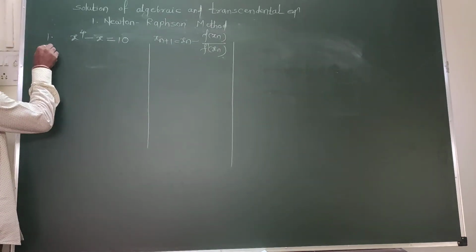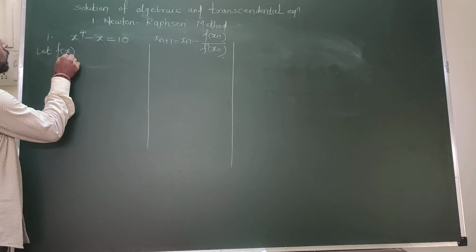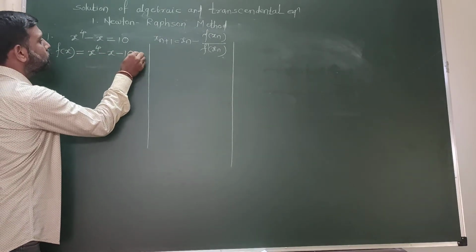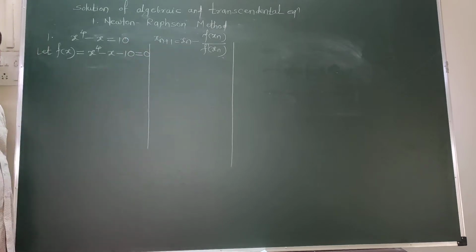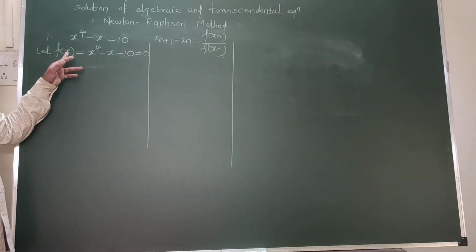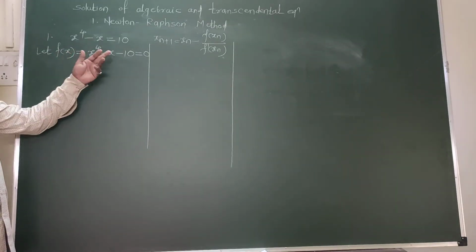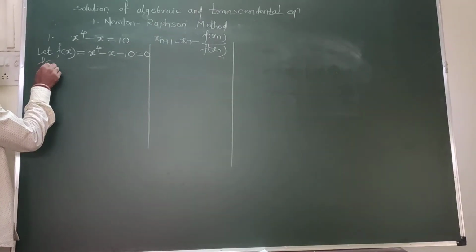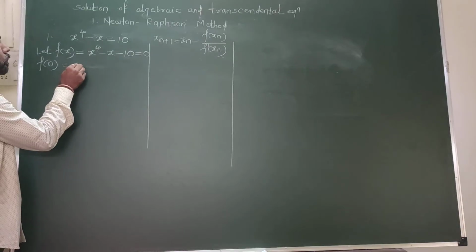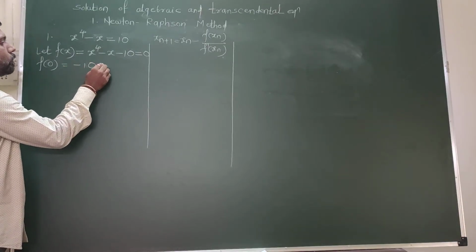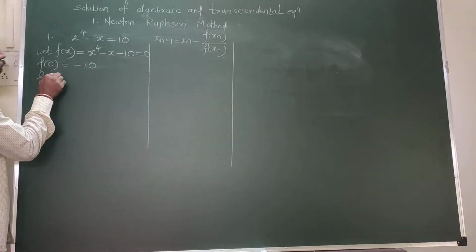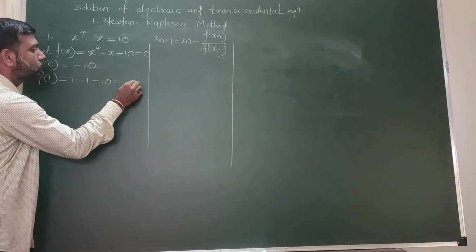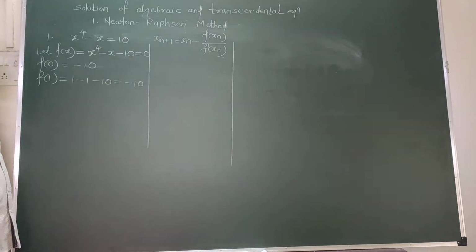Initially, let's assume this is f of x. Then for different values of x, we have to find the value of f of x, starting with f of 0, then we substitute 1 here, it remains minus 10.